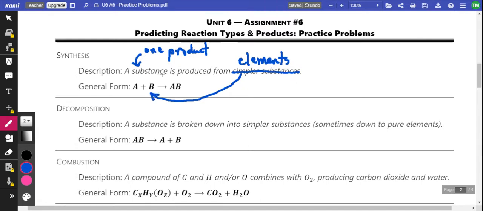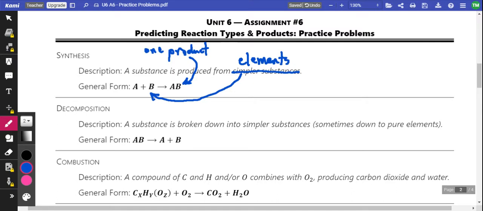The substance that we produce is going to be our product here. We're going to shove all of those elements into one substance. So we're not going to have this and this makes this and this. It's going to make one single chemical product. That's the easiest way to tell synthesis.